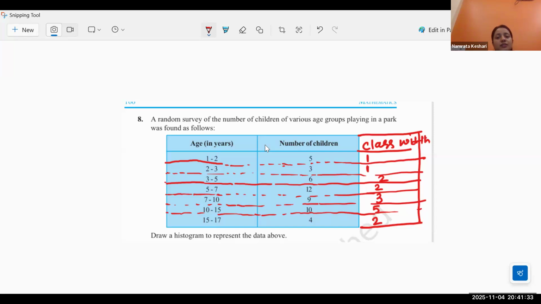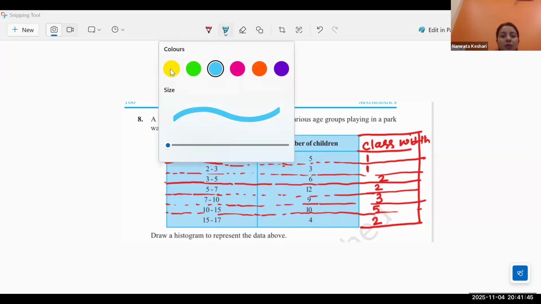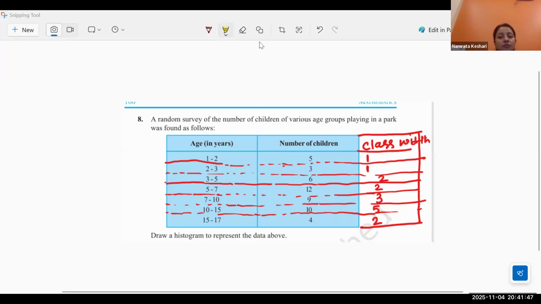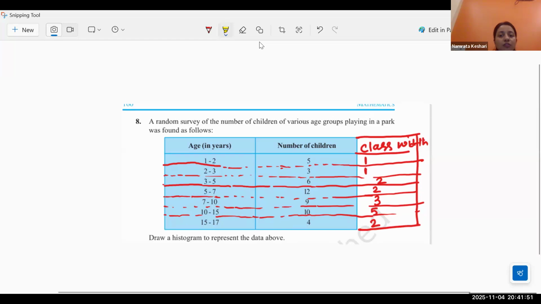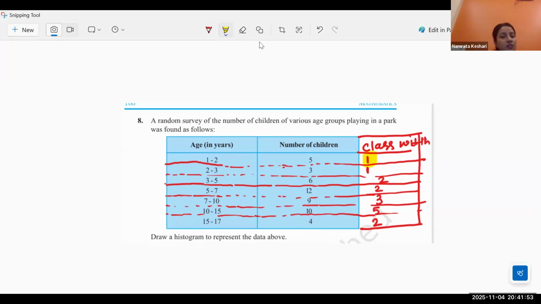From this class width, the first step is to take the minimum. Which number is the minimum in the class width? 1 is the minimum. So we are going to fix that. All the widths we'll maintain as 1.